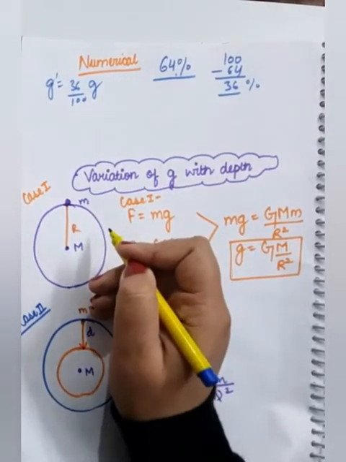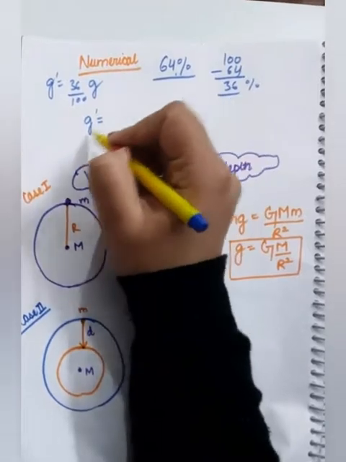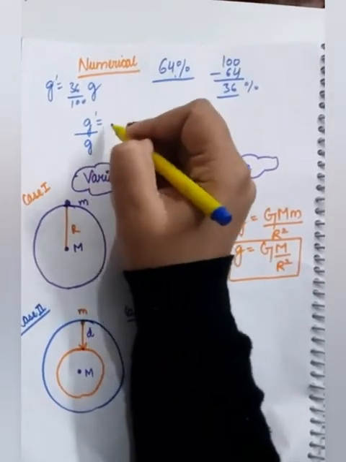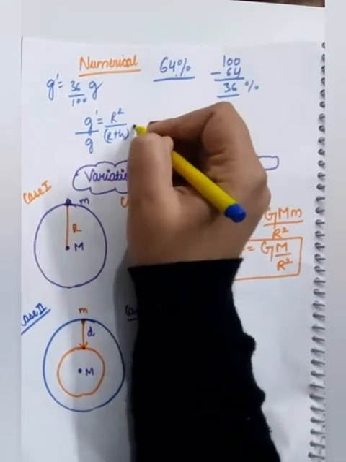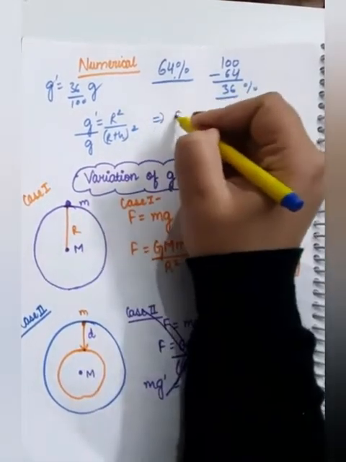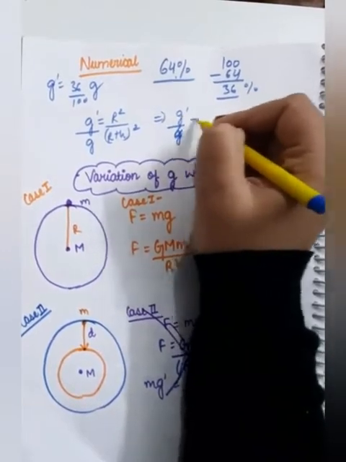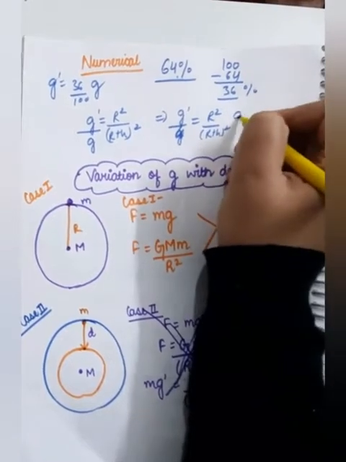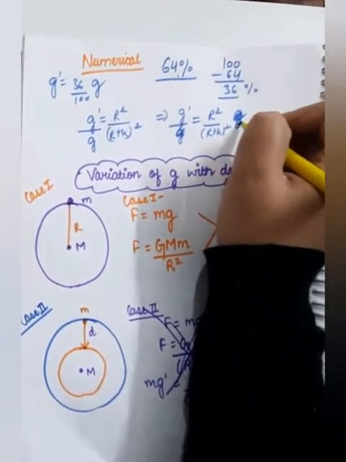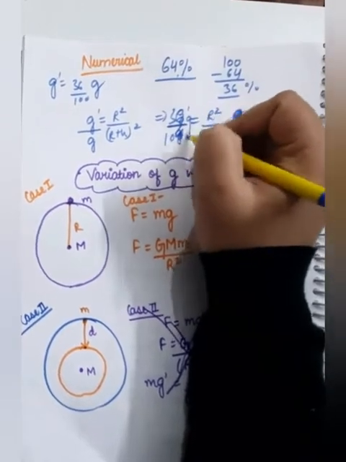Since you have raised the object up to a certain height, g'/g will be equal to R²/(R + h)². So g' equals R²/(R + h)² times g, and in place of g' you can write 36/100 into g, right?